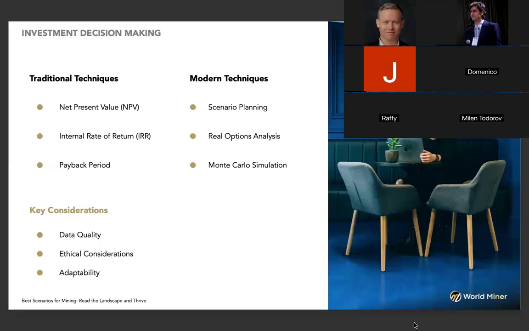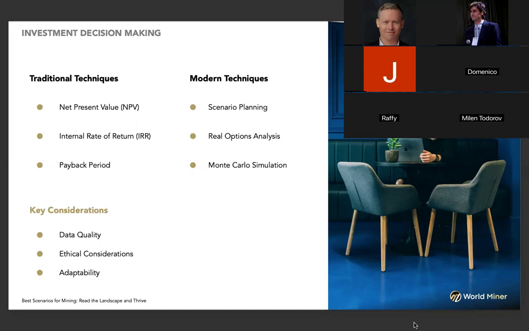And then we have the Monte Carlo simulation. It uses random sampling to model the probability distribution of potential investment outcomes, so it provides a more comprehensive risk assessment of an investment.